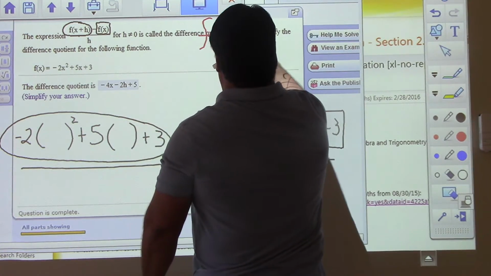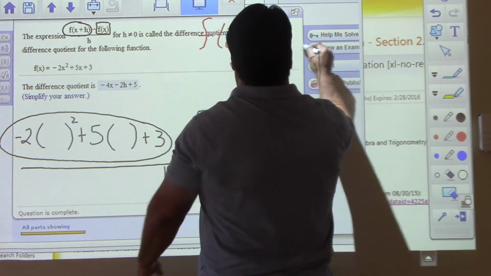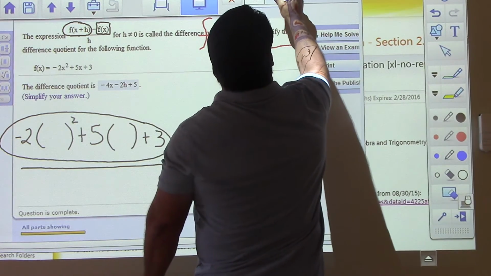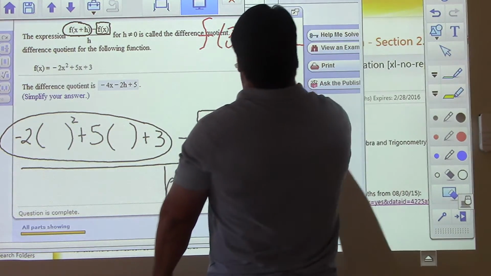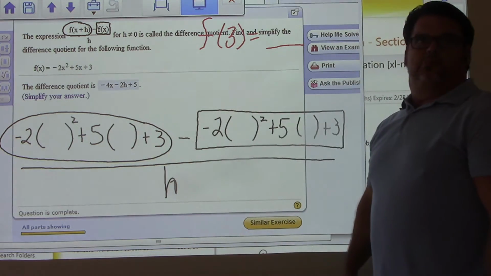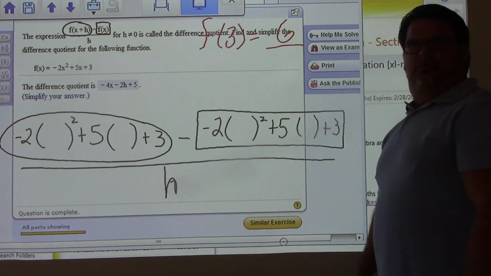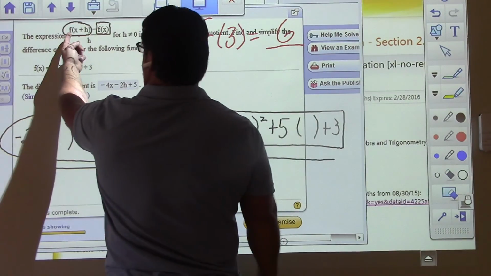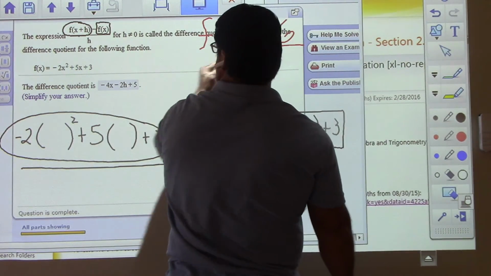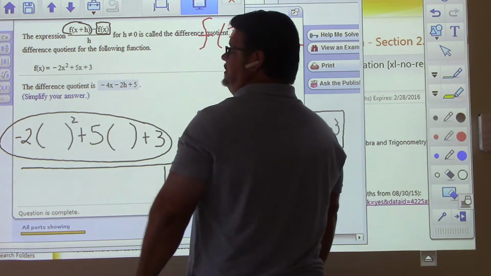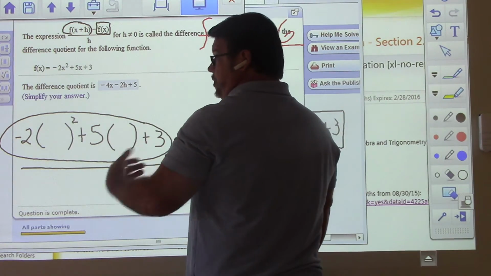If I gave you f of 3 is equal to blank, and I said f of x is equal to 2x, what would you do with that 3? You plug it in and get what? 6. So now instead of f of 3, I'm giving you f of what? So what am I going to plug in?